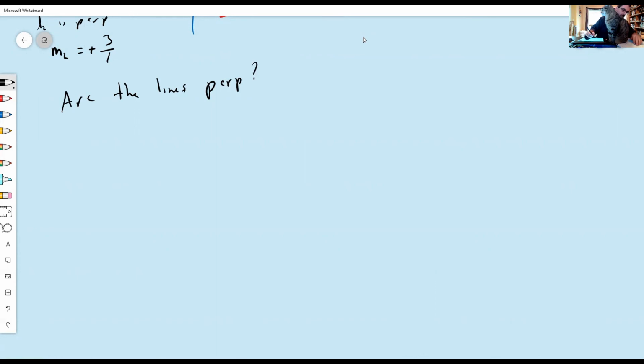Let's do y equals 5x plus 4 and y equals minus 1/5 x. So both these lines are in slope intercept form, so all we need to do is identify our slope. So the first line has a slope of 5. The second line has a slope of minus 1/5.